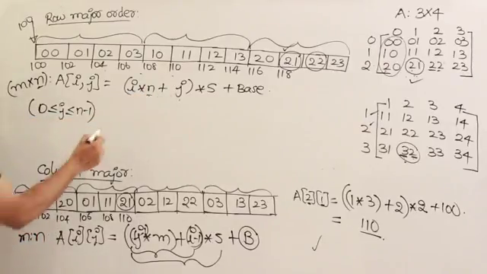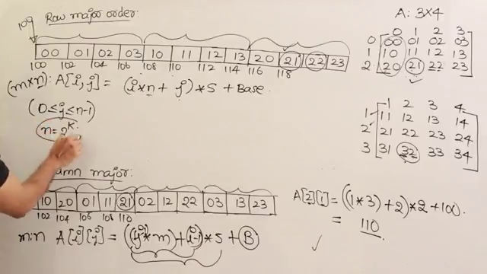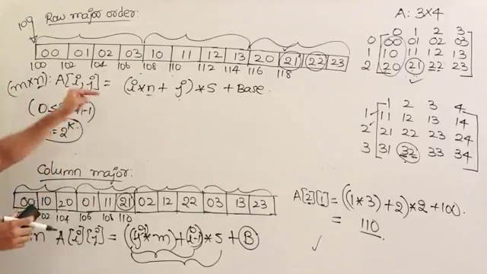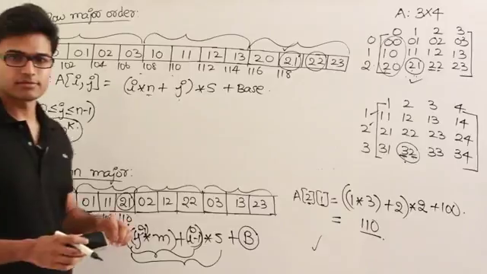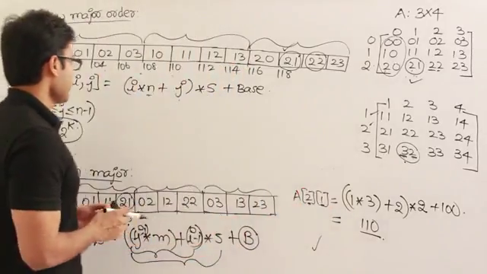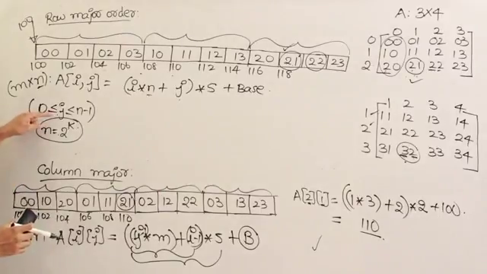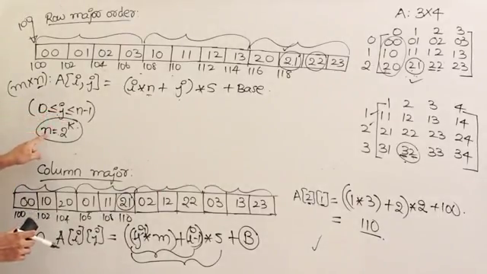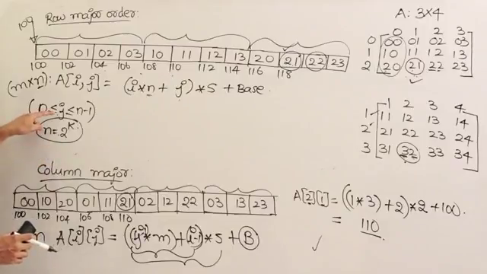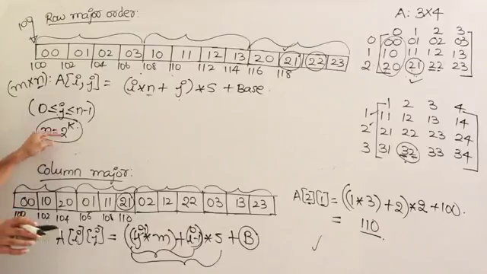Now assume that n is a power of 2, and assume that n is 2 power k. What does it mean? The number of columns we have is equal to 2 power k. Are you following it? And now if j is a number less than 2 power k, how many bits will be required in order to represent j?